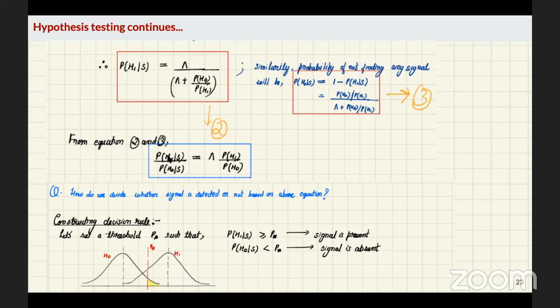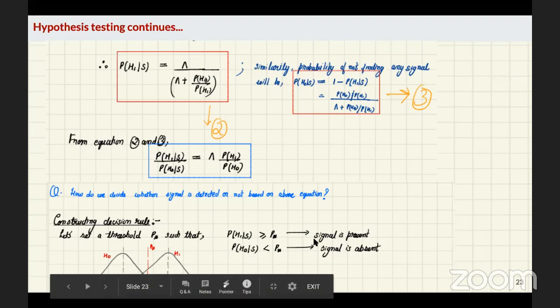Okay, so this basically forms our detection criteria which we use for claiming a detection. Now, how do we know which hypothesis is correct will be clear in the next section.